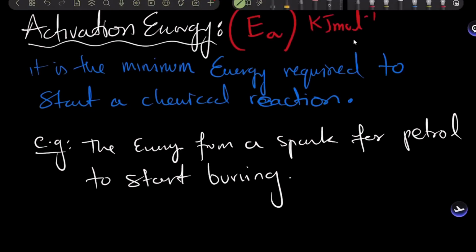That is its activation energy. Clear? So this is the first thing that you need to be able to label on an energy profile diagram. That's the activation energy. You need to know where the activation energy is going to be labeled on an energy profile diagram.